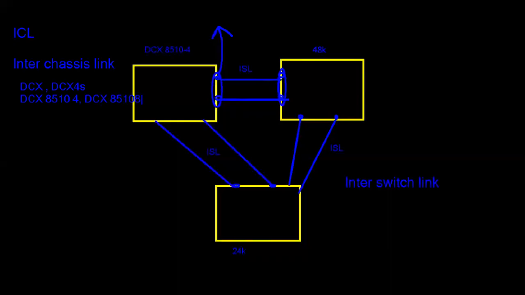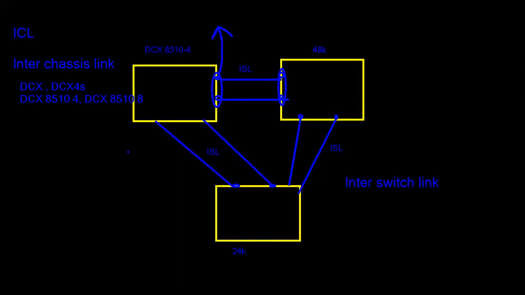Only these switches have the ICL concept. That means we have dedicated ports for this inter switch communication. If you want to connect one switch with another switch, you can use these ICL ports, which are dedicated for internal communication between switches. Okay, you can use those ports.